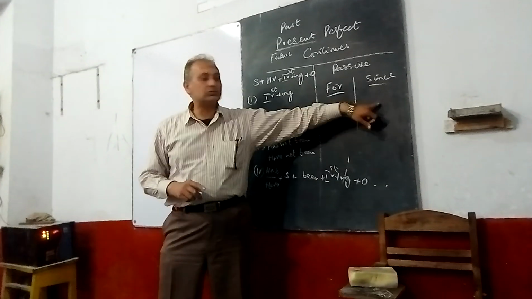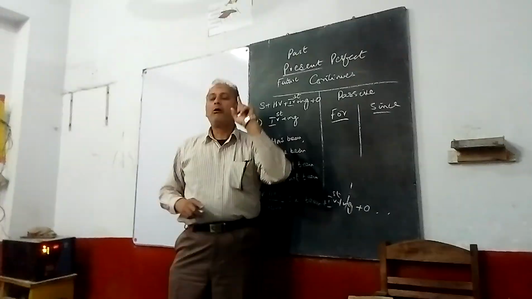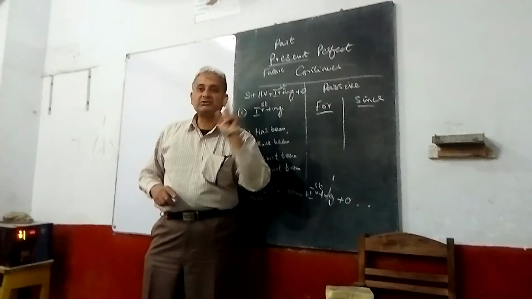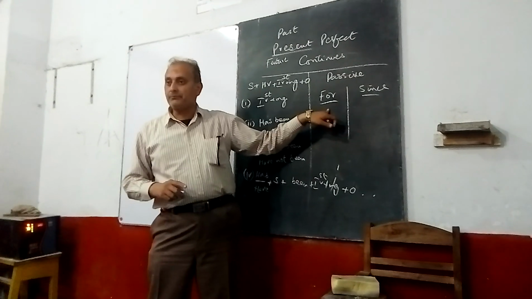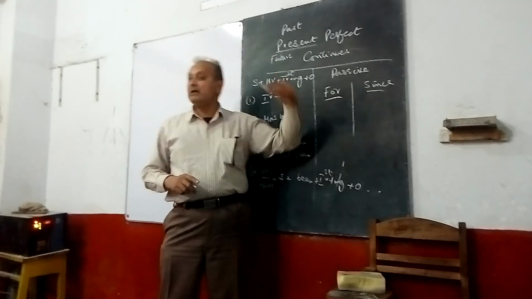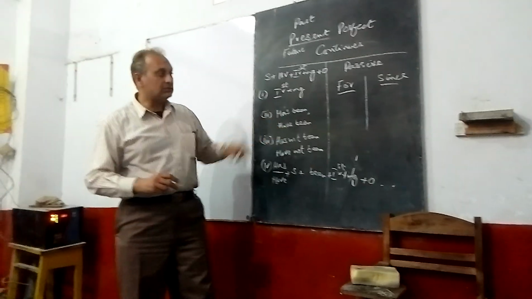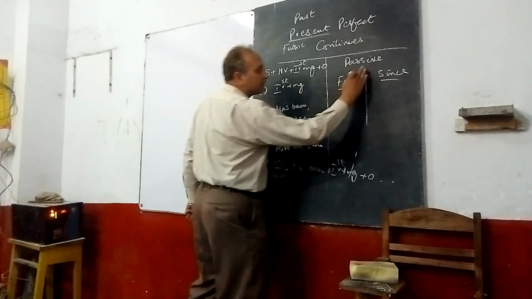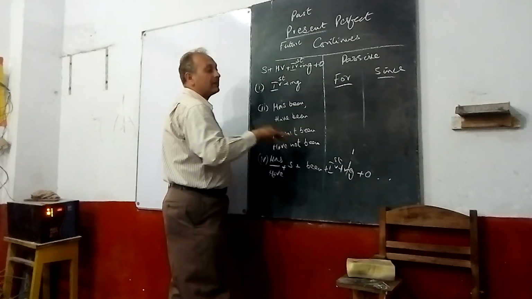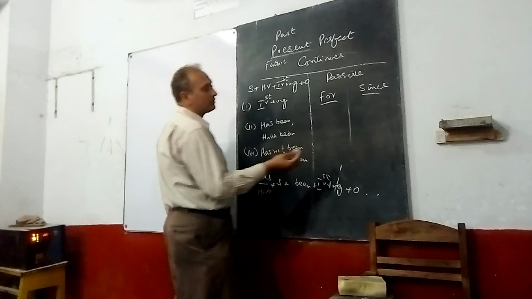Why? Because these two elements, for and since, demonstrate the time frame, and this element is not found in present continuous tense. So these are the two differences between the present continuous and the perfect continuous tense.